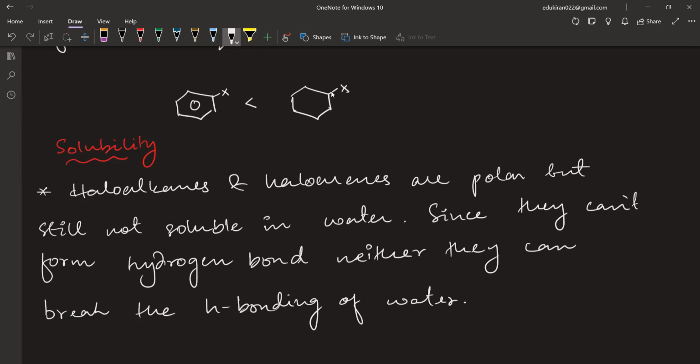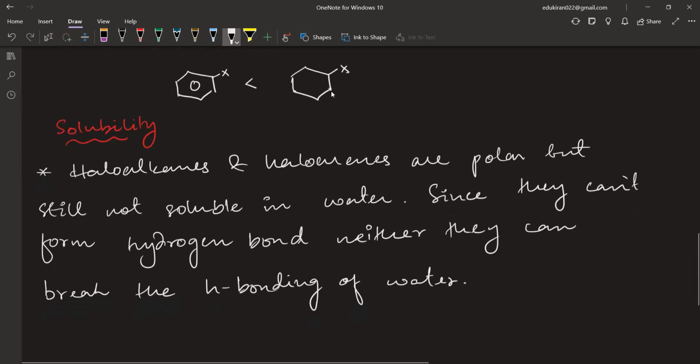That is why these are not soluble. So haloalkanes and haloarenes are polar but still not soluble in water.